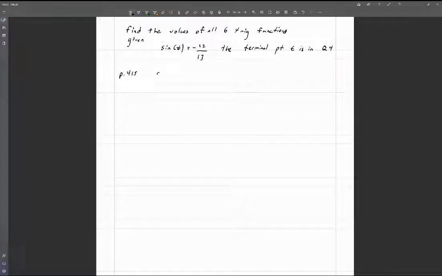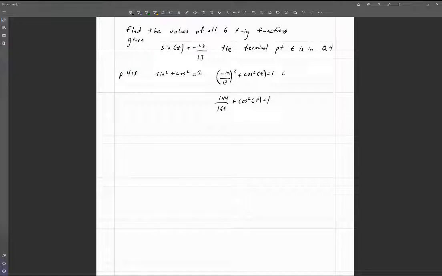Namely, sine squared plus cosine squared equals 1. We could use that to find cosine. We just plug in sine. So negative 12 over 13 squared plus cosine squared equals 1. 144 over 169 plus cosine squared t equals 1.